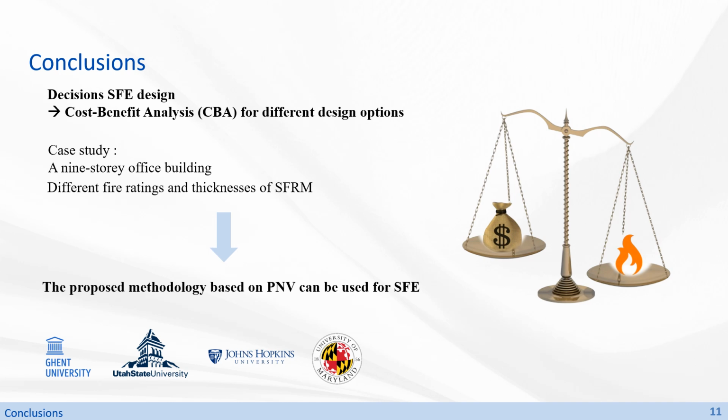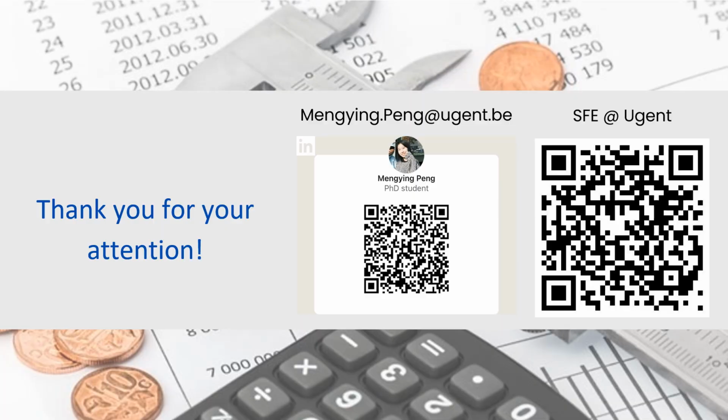In this study, cost-benefit analysis is conducted on the sprayed fire-resistive material with different fire ratings and thicknesses in a 9-story office building by using the proposed methodology based on the present value evaluation, which indicates the proposed methodology can be used for structural fire engineering applications.